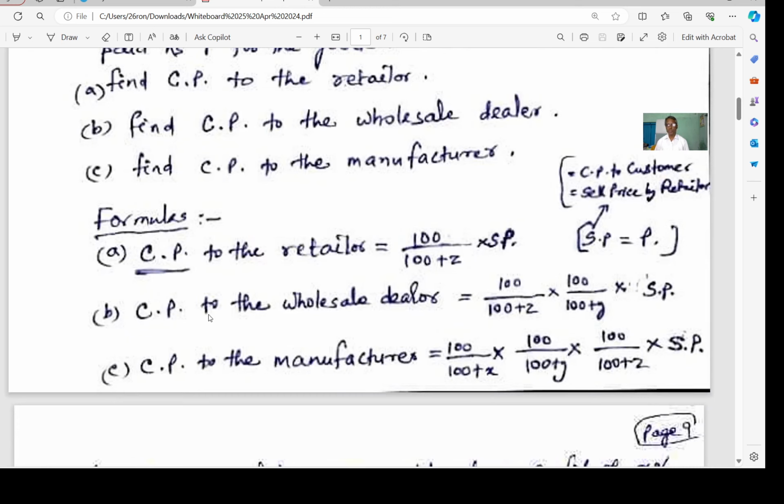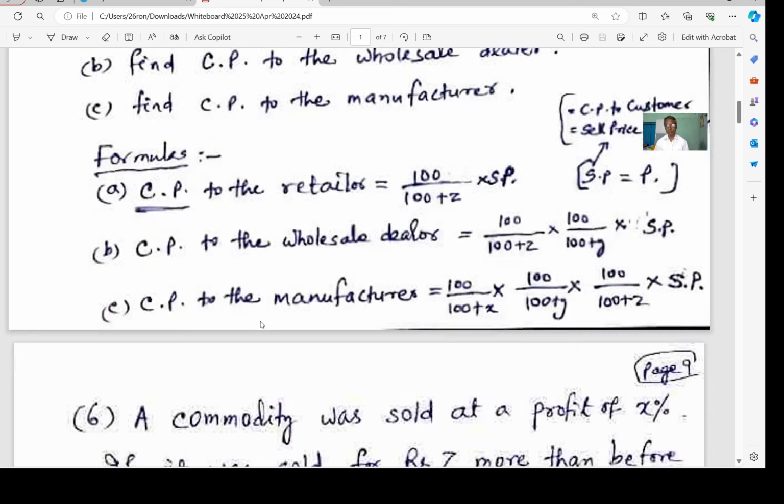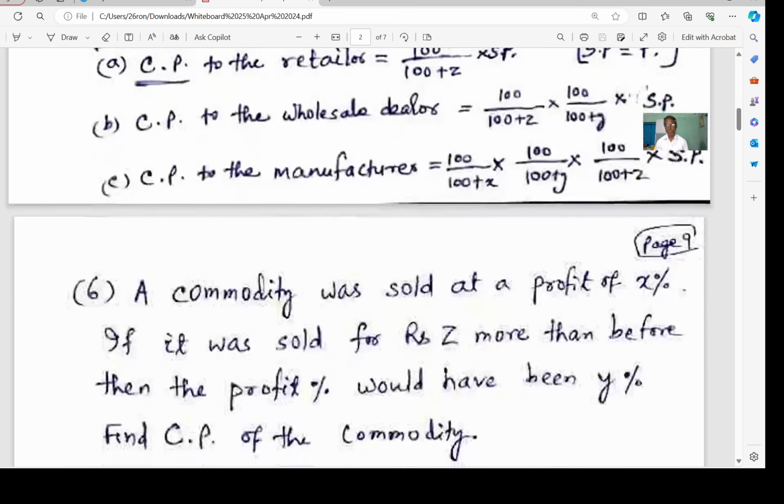Second, cost price to the wholesale dealer is equal to 100 by 100 plus Y multiplied by 100 by 100 plus Z multiplied by sale price or P. Third, cost price to the manufacturer is equal to 100 by 100 plus X multiplied by 100 by 100 plus Y multiplied by 100 by 100 plus Z multiplied by sale price or P.